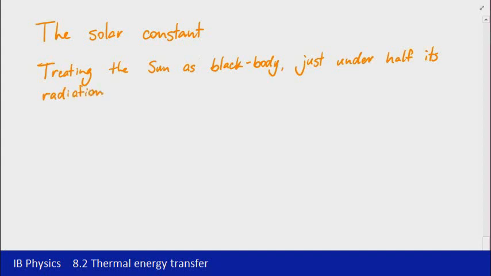So all of the energy being radiated from the Sun, half of it is stuff that we can actually see, and a similar quantity is in the infrared region, and the remainder is in the ultraviolet.